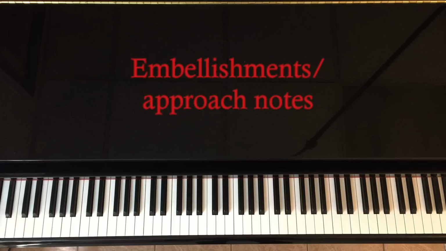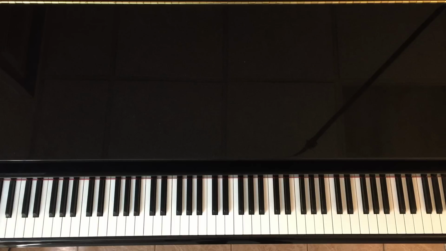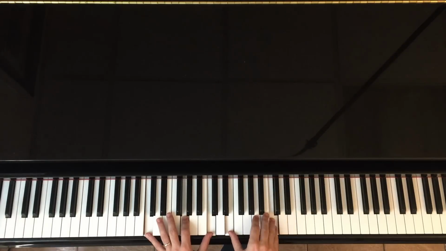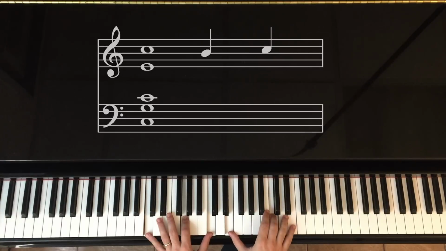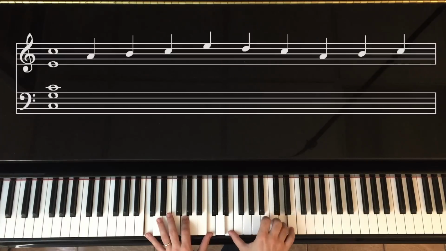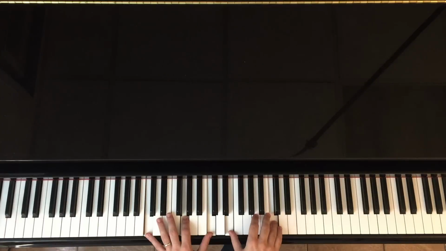Let's take, for example, C major. From each chord tone, we can approach from one step above, one step below, two steps above, two steps below, or any free combination of all of these, including chromatics.